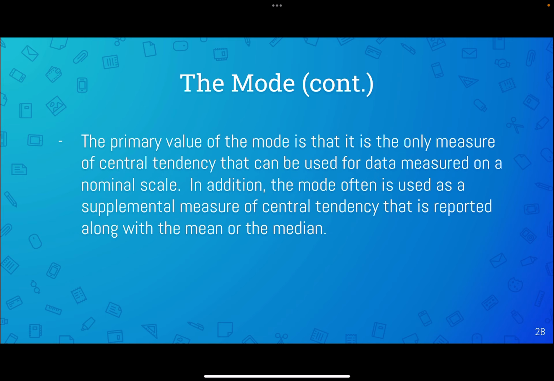The primary value of the mode is that it's the only measurement of central tendency that we can use in a nominal scale. So we can count how popular the name John is, or we can count how popular the color yellow is, for example.